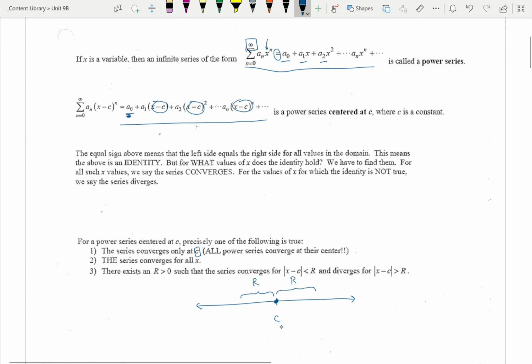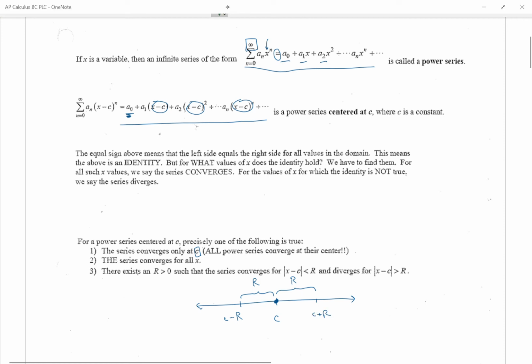So that's going to take us to c minus r over here, and it's going to take us to c plus r over here. And if our radius of convergence is known, then that means that all of these values of x will cause the series to converge, and all of these values of x will cause the series to converge.